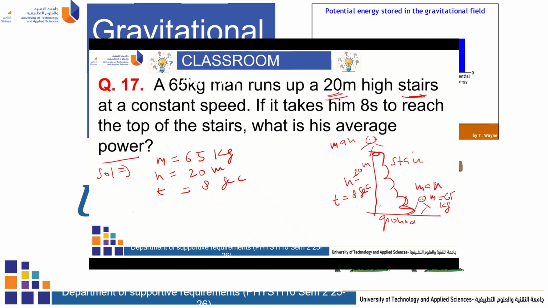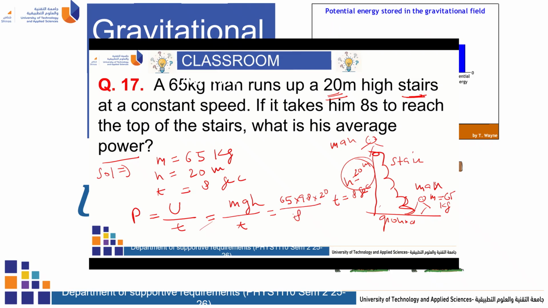The formula for the power has three rules. Here I will use the potential energy divided by the time, because I have the height here. The formula for the potential energy is mgh. The mass is 65, the value of g is 9.8, the height is 20, and the time is 8 seconds.